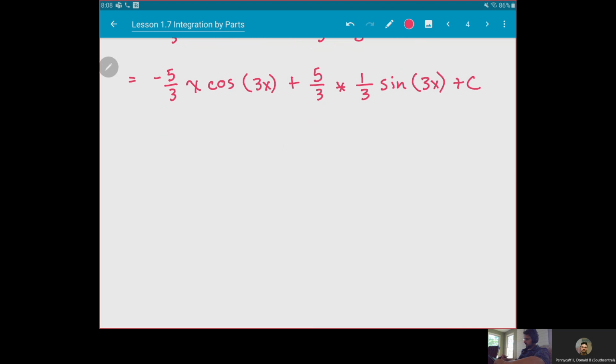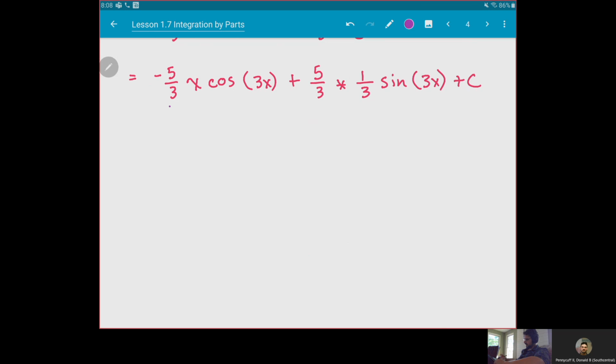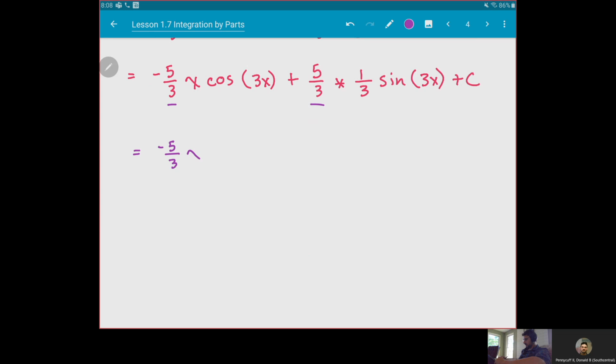All right, now that I've gotten to here, each piece does have a 5/3 in common, right here and right here. But if all you're doing is pulling out just one number, factoring is typically not worth it. Now, there are times where it is, don't get me wrong. But for the most part, this is not going to help us. So I'm just going to leave it as one large piece instead of trying to break it apart.